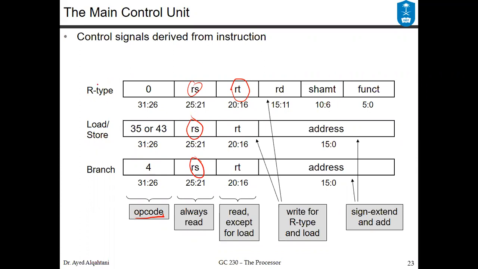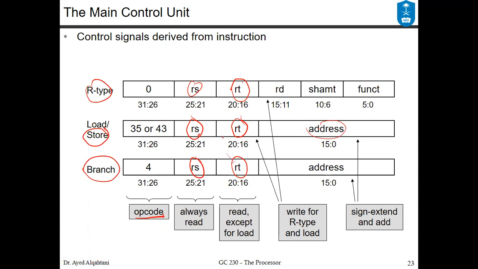If it is R type or the store, then it's a source register. Also for a branch, it's a source register. The reason is, for the R type, the destination is RD, so RT is definitely going to be a source. For the store, you need the RS to be the base register, and you add to this the address to generate the address that goes to the data memory.